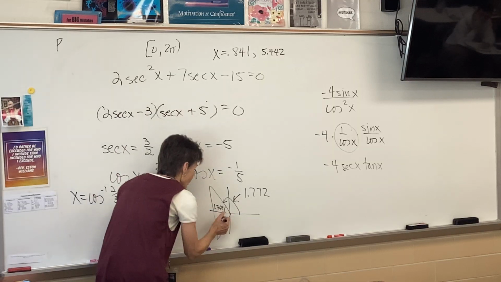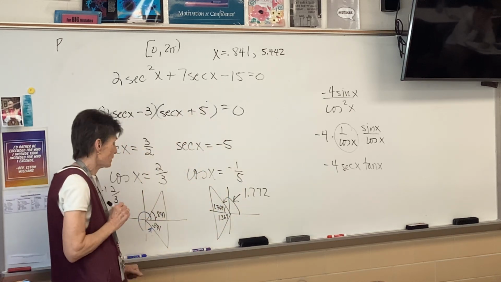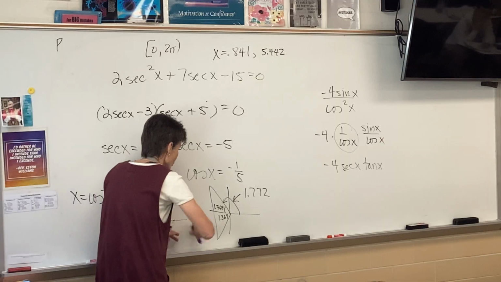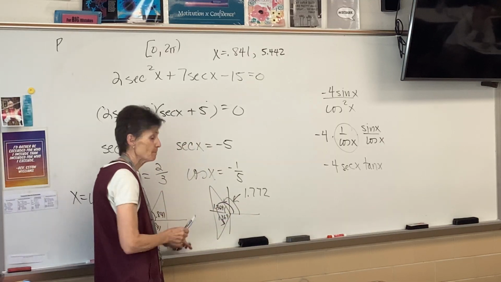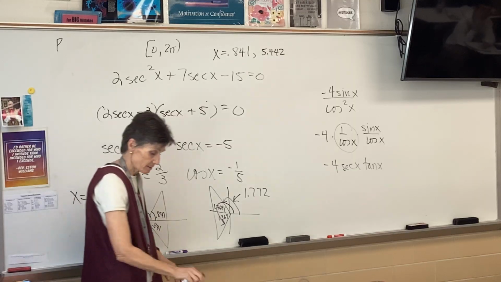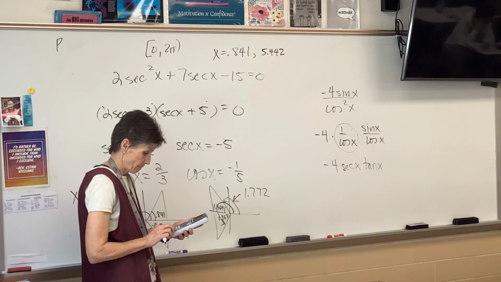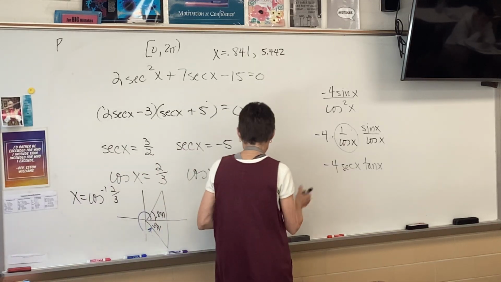Now, I need the third quadrant version of 1.369. How am I going to find it? π plus, yep, and I got 4.511.